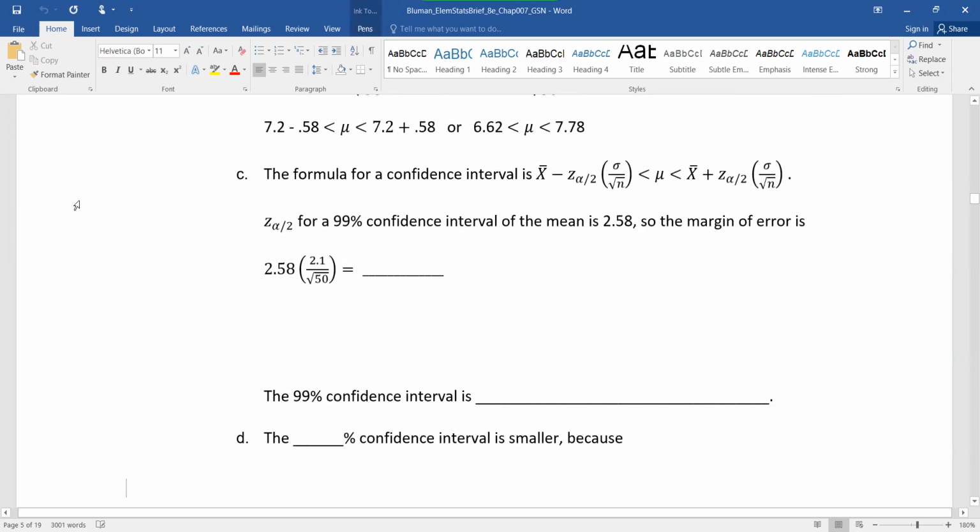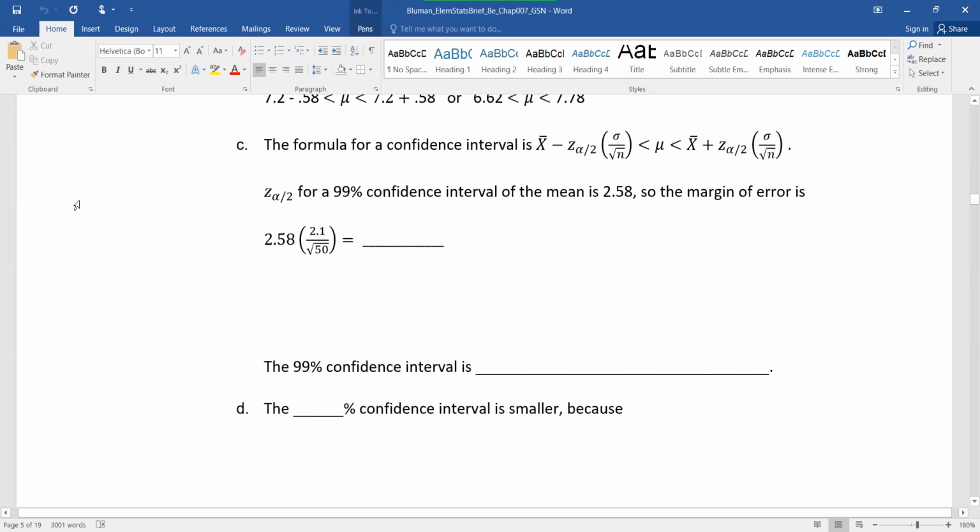All right, so if we look at C, it says find the 99 percentile. So again, I want to go through the process of calculating it. If I'm looking for the 99 percentile, what is my alpha going to be? 1%. Therefore, what's my alpha divided by 2 going to be?